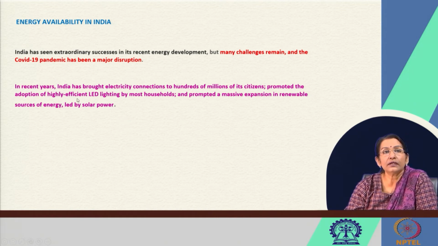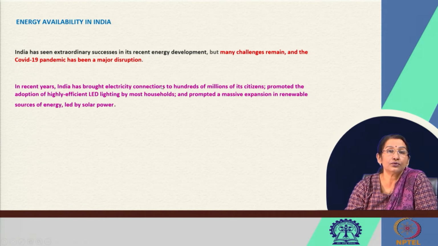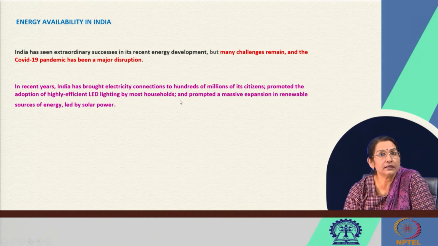And nowadays, what are the developments that have happened? Bringing electricity connections to hundreds of millions of citizens in remote and rural areas, and highly efficient LED lighting systems in our urban cities and factories, which also saves our energy.